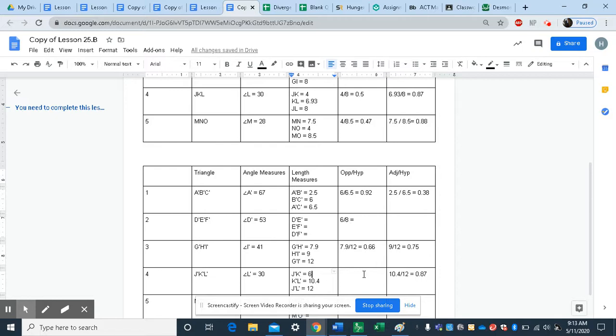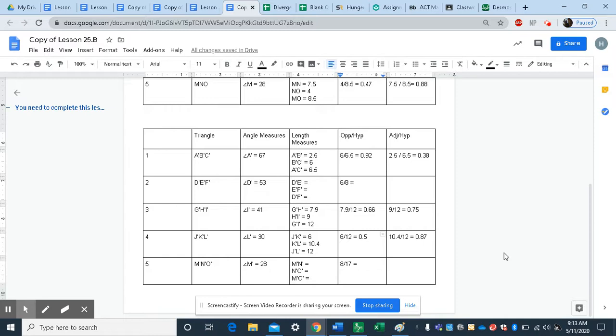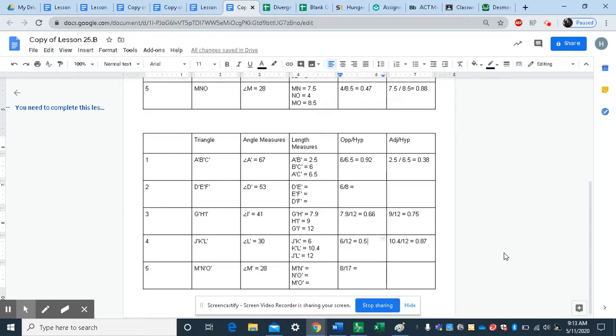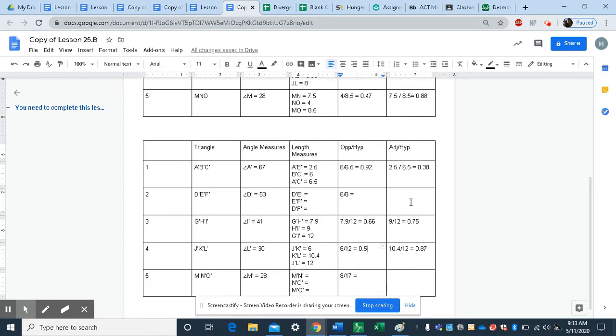So for our opposite over hypotenuse, it's going to be J prime K prime over J prime L prime. So we have 6 divided by 12, which equals 0.5.